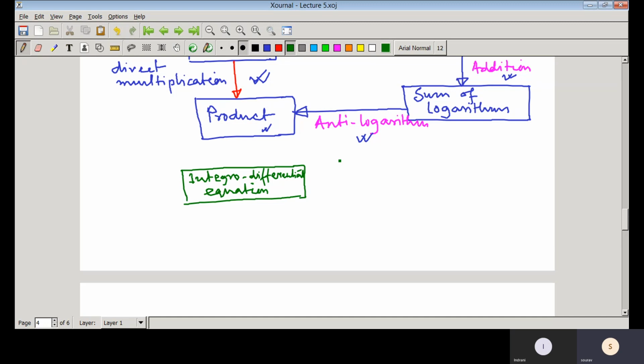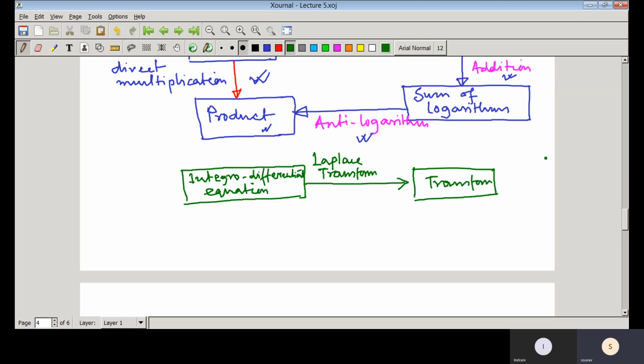So now if you take that Laplace transform, that means you are transforming here.